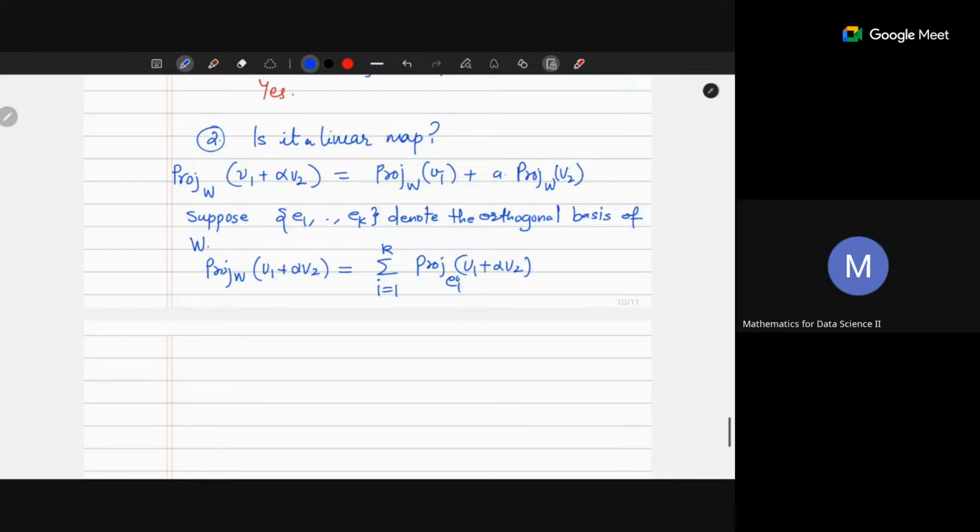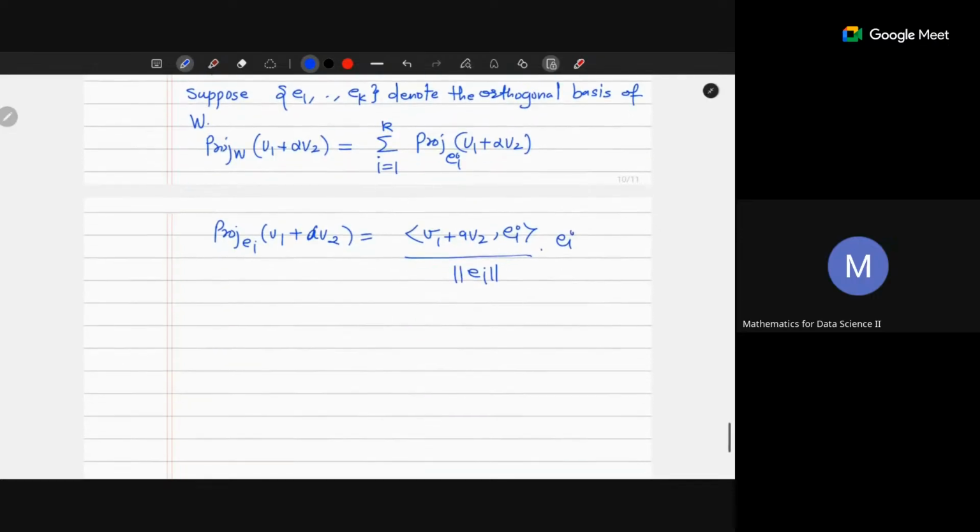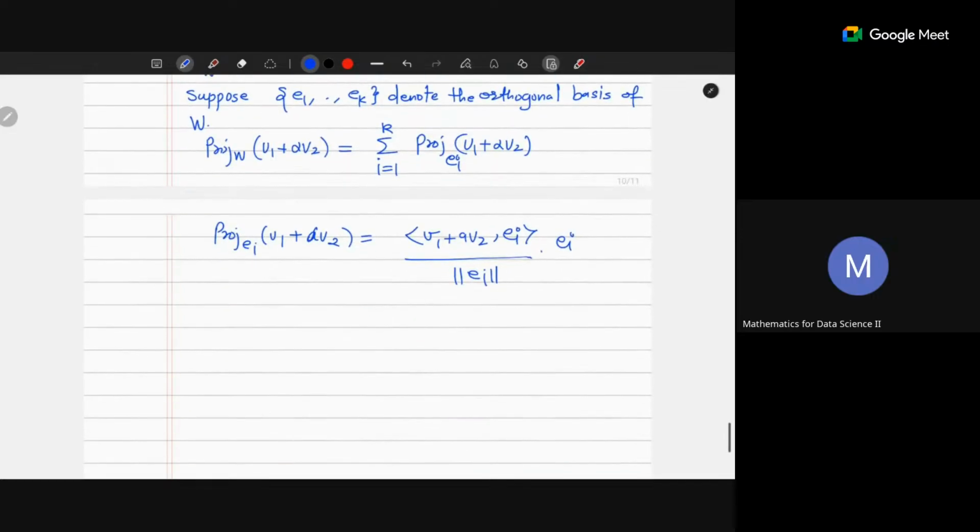Now, it is sufficient to just look at one of the basis vectors, the projection onto one basis vector. If you look at the definition, it is the linearity that I'm going to use. Norm of this times Ei. Now we know it is linear in nature, so you can rewrite it like this.